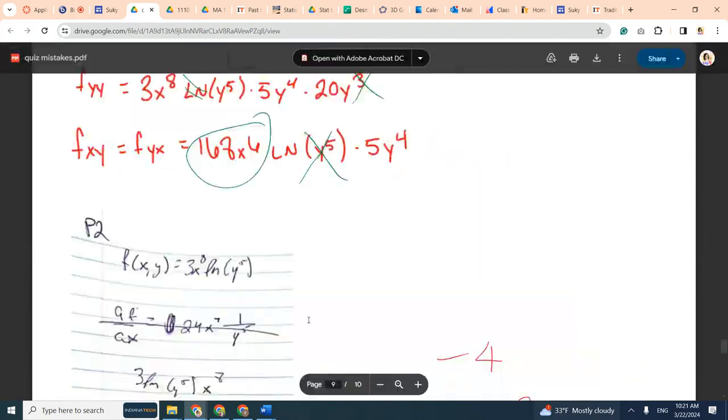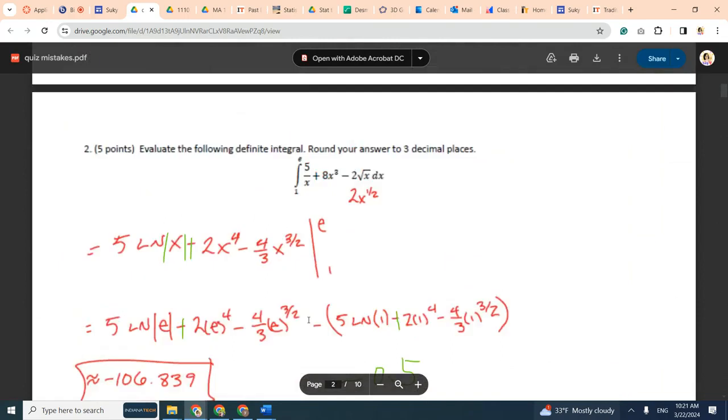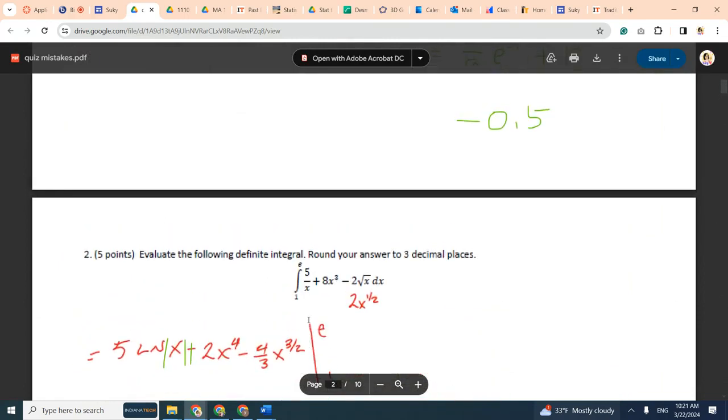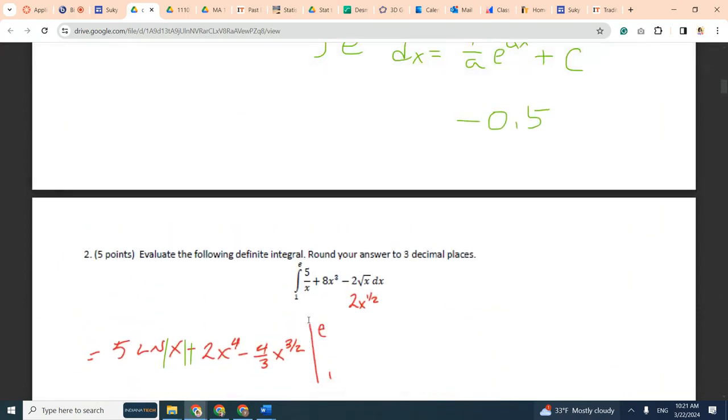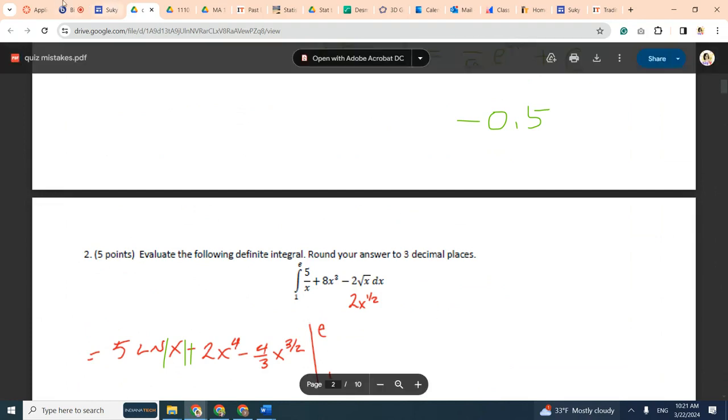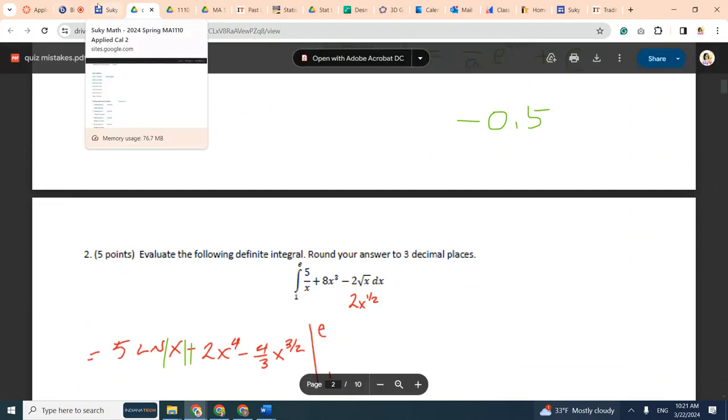So you see, this quiz, we have more mistakes than the previous quiz because our class is getting harder and harder. And you can see one example. We spent 15-20 minutes on just one example. It's really getting harder and harder. It's just the nature of the class.